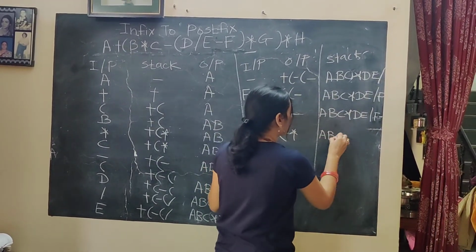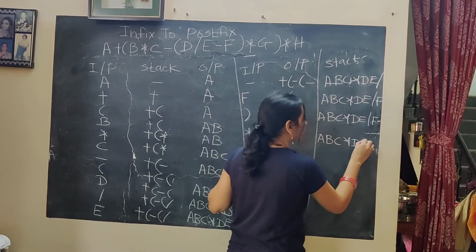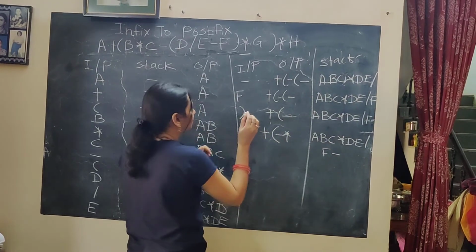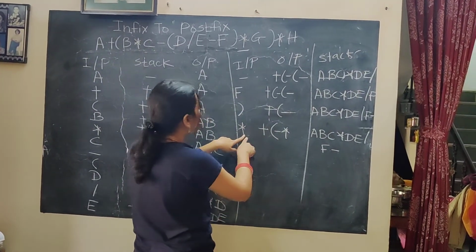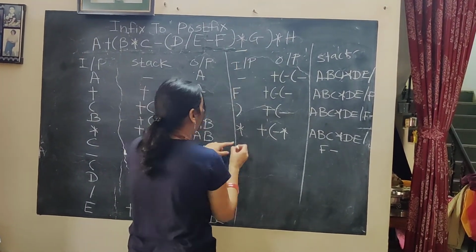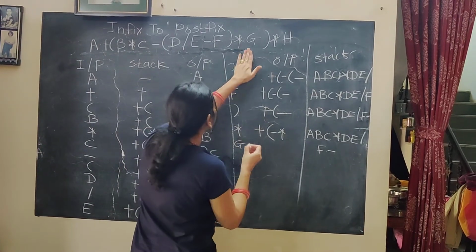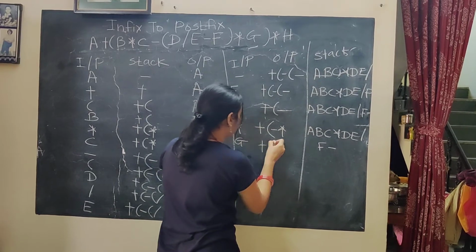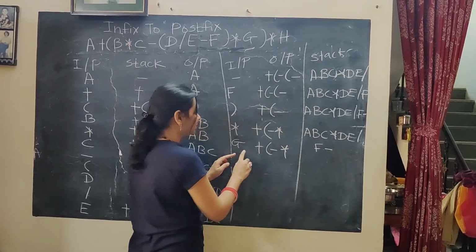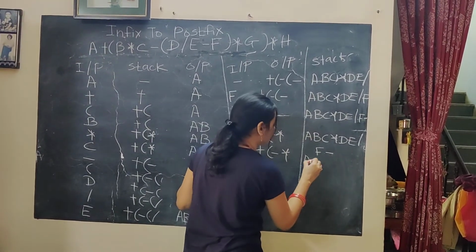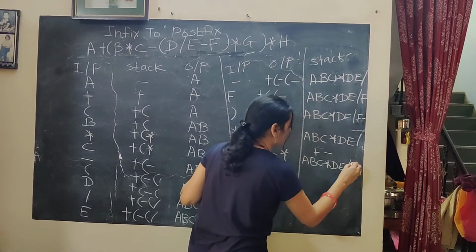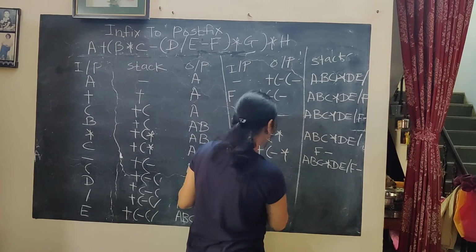So the multiplication operator is moved to the particular stack and our output remains the same. Now next is G. G is nothing but an operand. So it will be moved to the output, which becomes A, B, C into D, E slash F minus G.